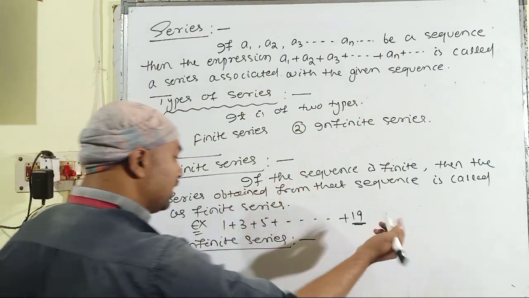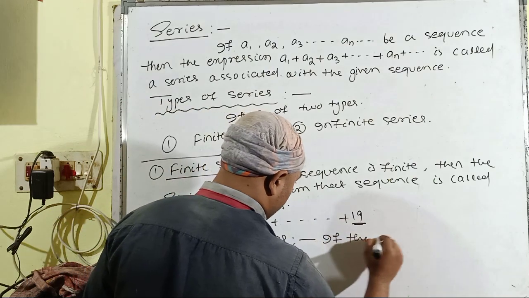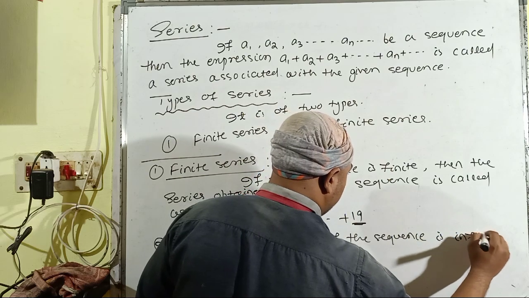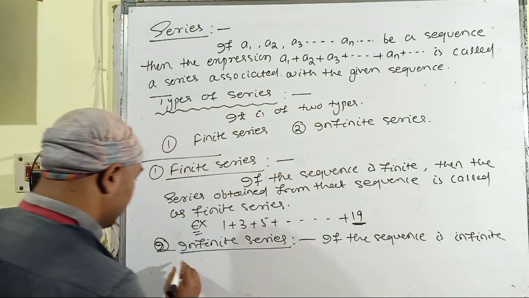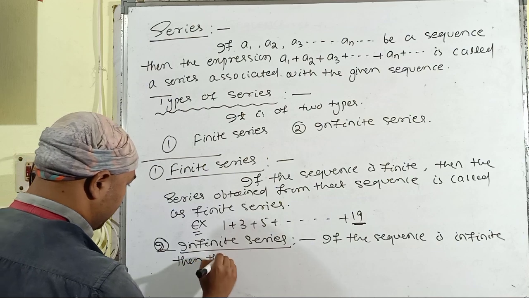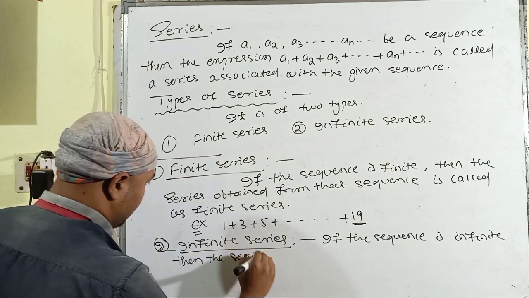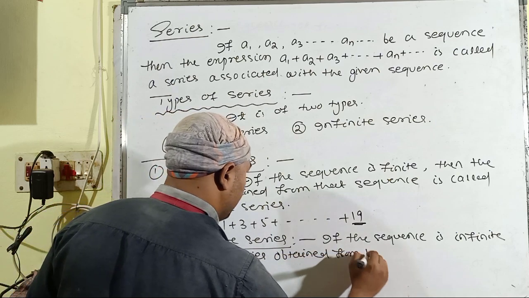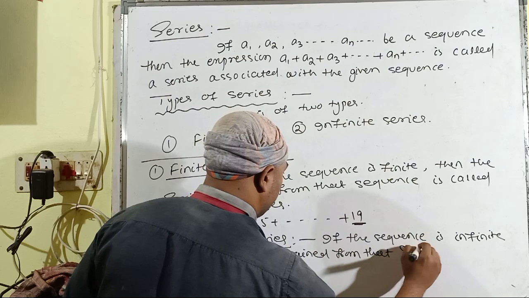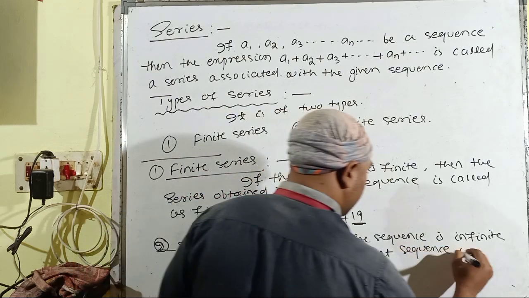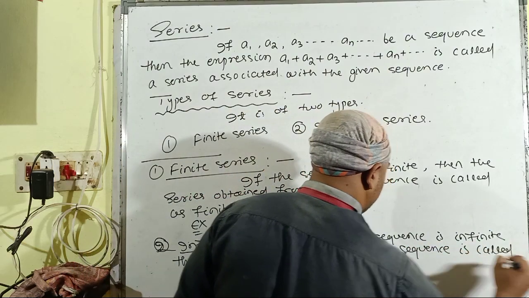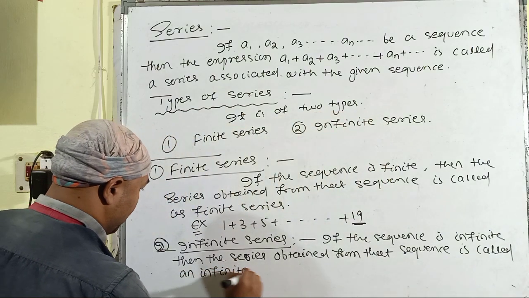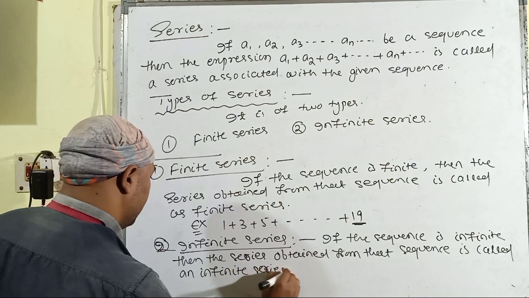If the sequence is infinite, then the series obtained from that sequence is called an infinite series.